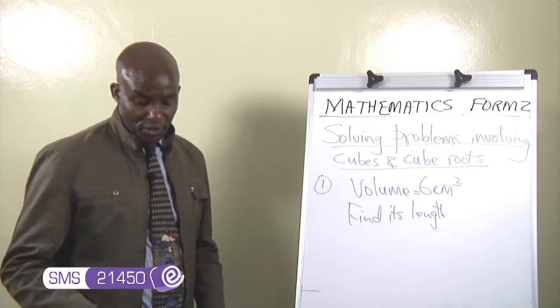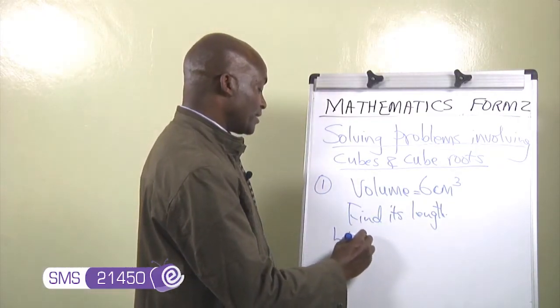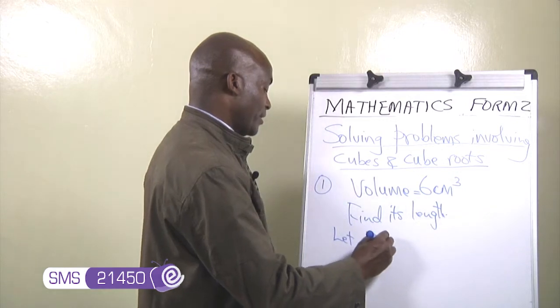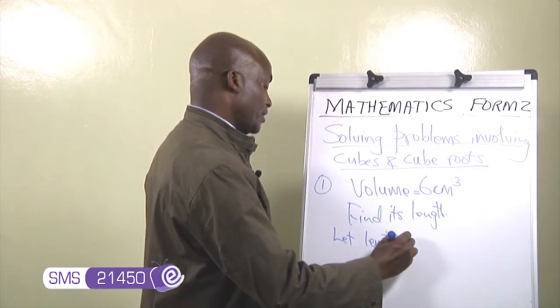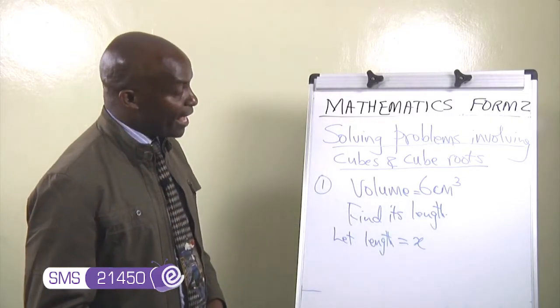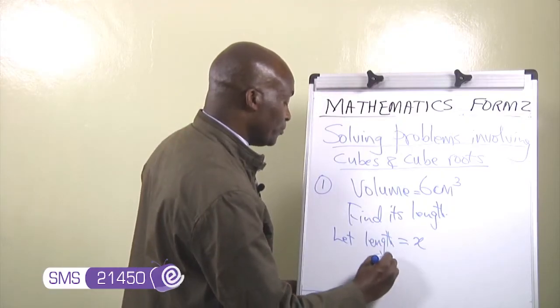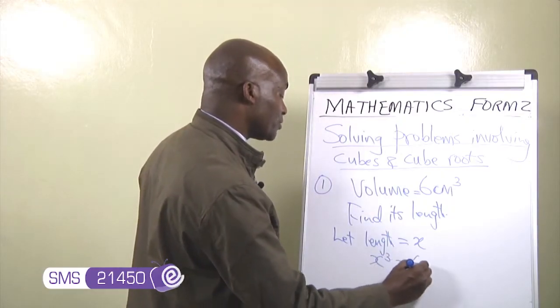So what you need to say is that let length equal x. If length is equal to x, then we can write x cubed is equal to 6.